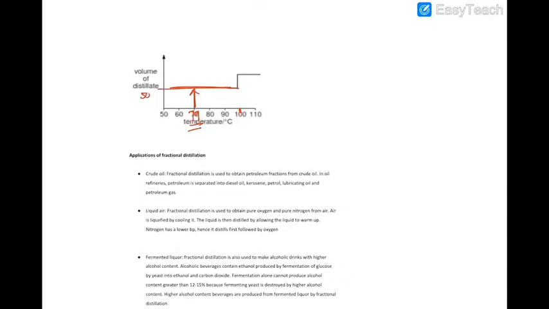If 50 cubic centimeters of alcohol were collected, it will stay at 50. Then once the temperature reaches 100 degrees Celsius, water is collected. The volume of the distillate increases again, and then it stays constant. Distillate is the liquid that is collected in the receiver. This is called distillate.